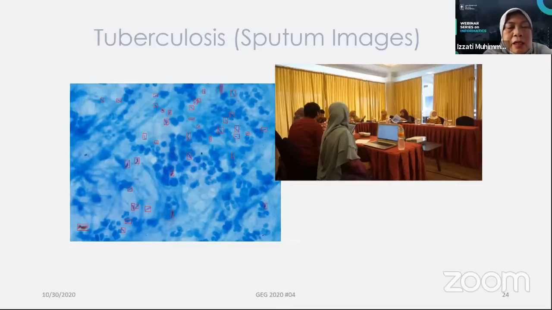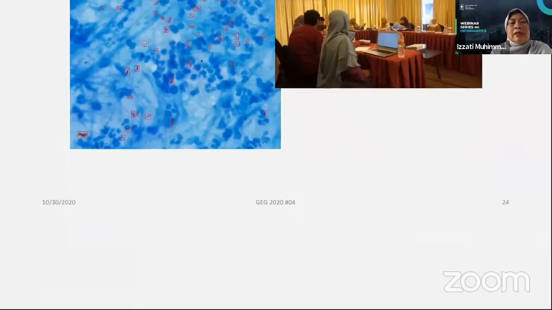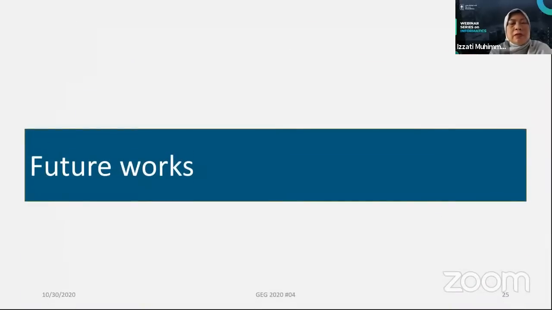Then we use not only color but also texture to define the Mycobacterium tuberculosis. That's the experience we had developing the system for computer-aided pathology.